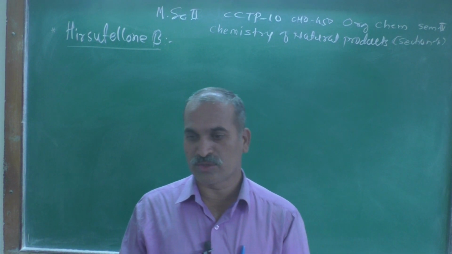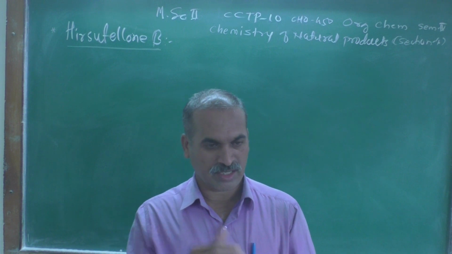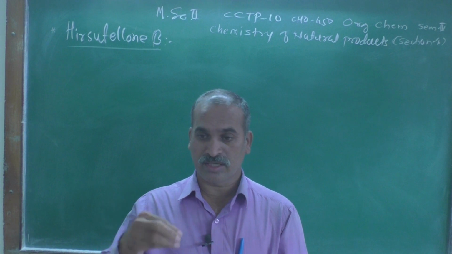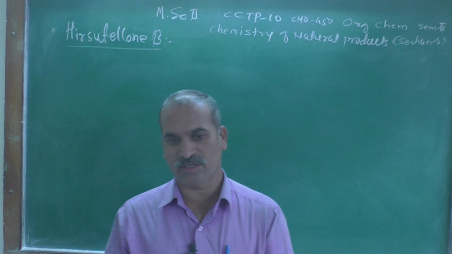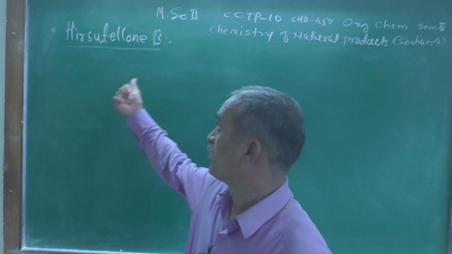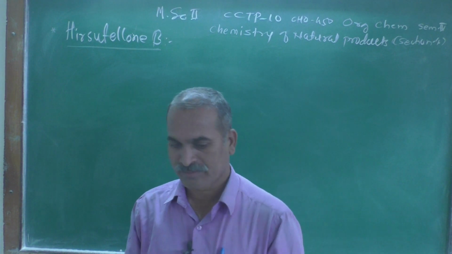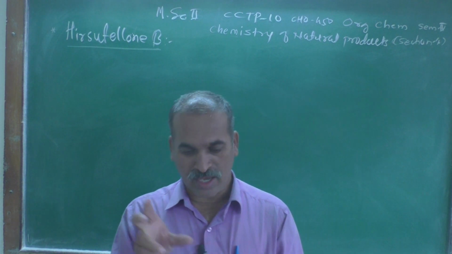This belongs to organic chemistry, and we are at the 4th semester, and in that there are 2 sections. Every paper has 2 sections. In the first section, one is longifolene, and this is another molecule, hirsutellone B. It is also a natural product.